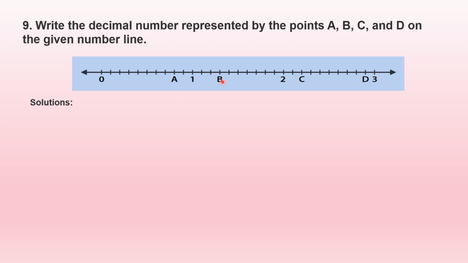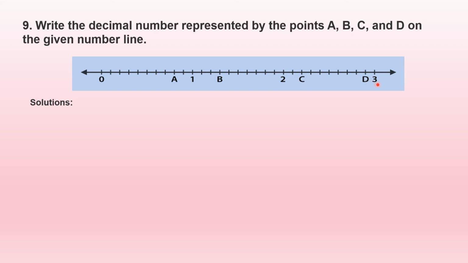B, before B we have 1. Whole number is 1. So 1.1, 1.2, 1.3. So B is at 1.3. So what about C? After 2, so 2.2. 1, 2. So C is at 2.2.